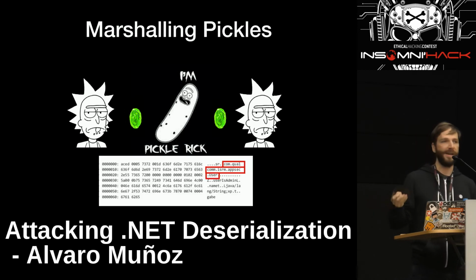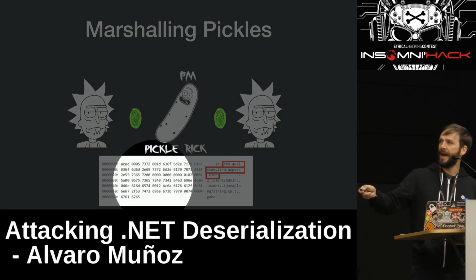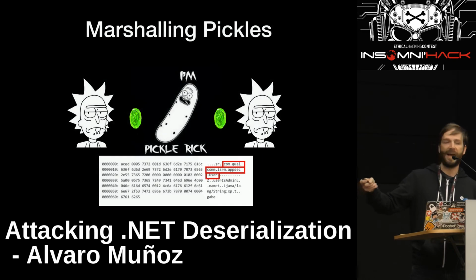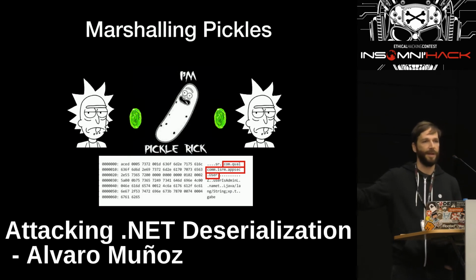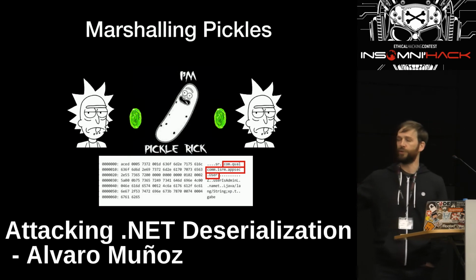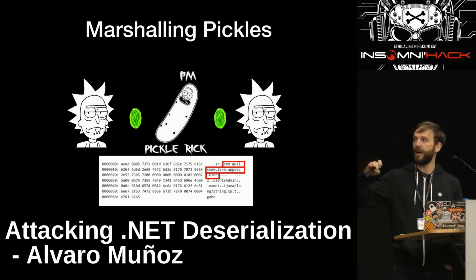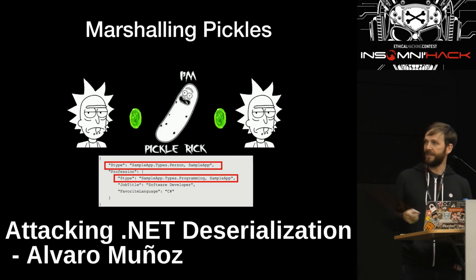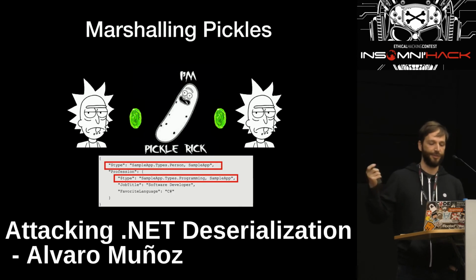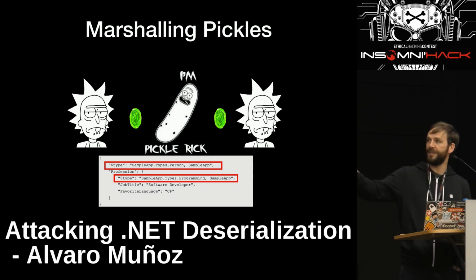If you're familiar with Java deserialization, you will probably recognize this binary format, and this is basically the ASCII representation of the class name. And basically, the server is going to use these class names to actually instantiate and reconstruct the objects on the server side. So that's Java serialization. In .NET, for example, in JSON.NET, you have something similar, but this is JSON format, right?